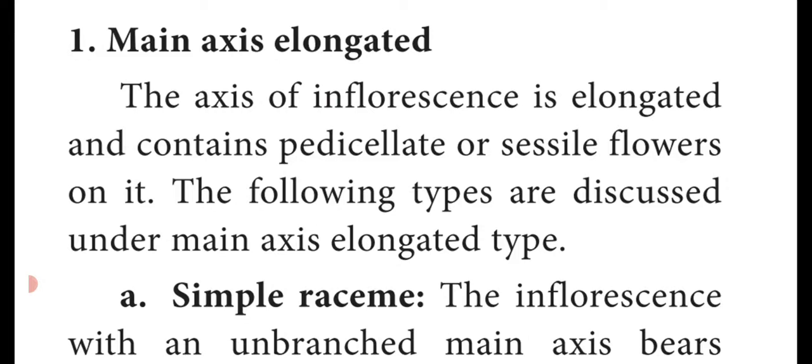In this type, the central axis, what is the name of the central axis? Peduncle, isn't it? So the peduncle is elongated, that means lengthier, and contains pedicellate or sessile flowers.